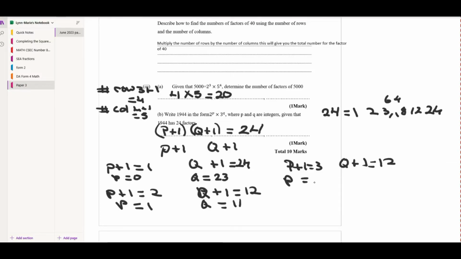So p is equal to 2 and q is equal to 11. That is not correct either. Then that's 3 and no, it's supposed to be 8. It's supposed to be 9, 7. Hold on.